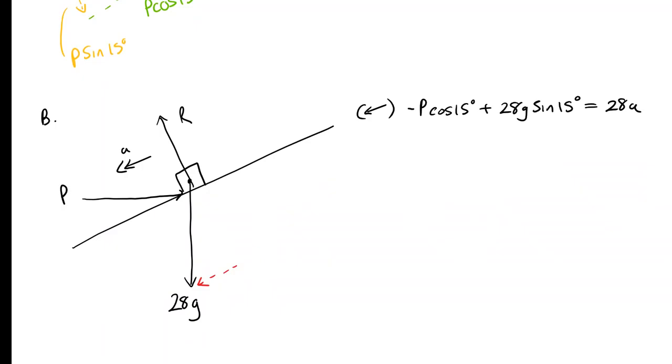Okay. The unknowns here are P and a. So with one equation we can't find either of those, so we need something else.